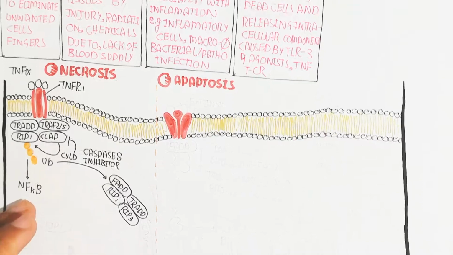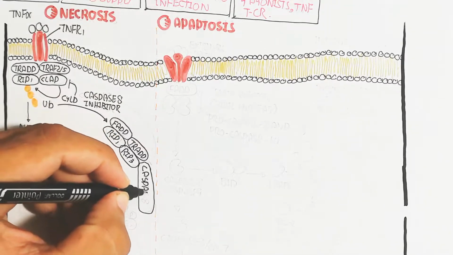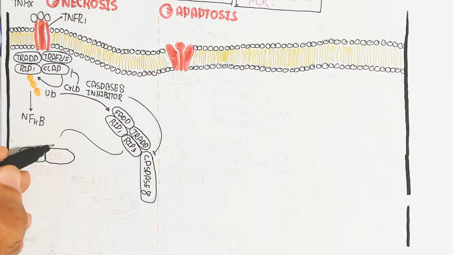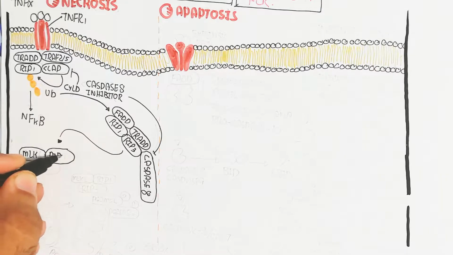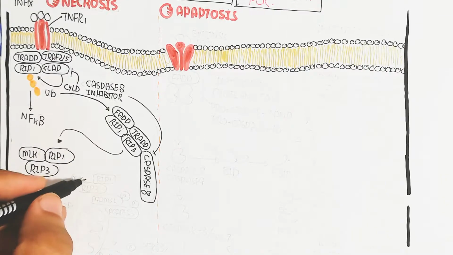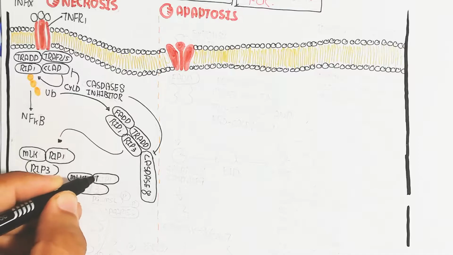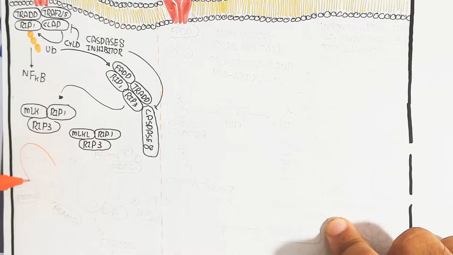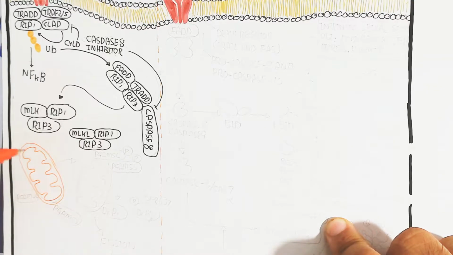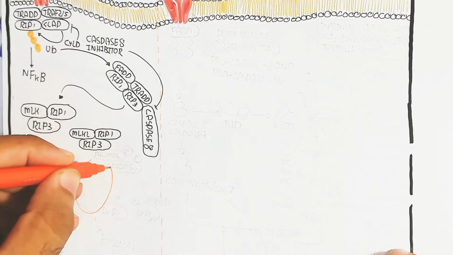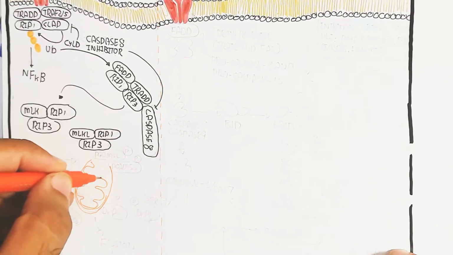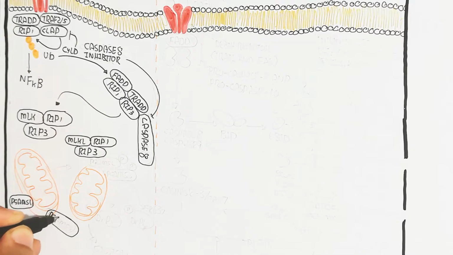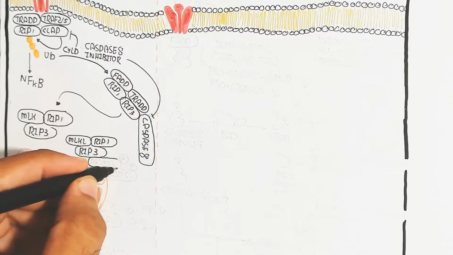In this case ubiquitination leads to caspase 8 inhibition, which also inhibits this cell death. But FADD and RIP1 and RIP3 bind with caspase 8 and combine with RIP1 stimulation, leading to MLKL combining with RIP3, which is a trimeric protein, and it is activated.